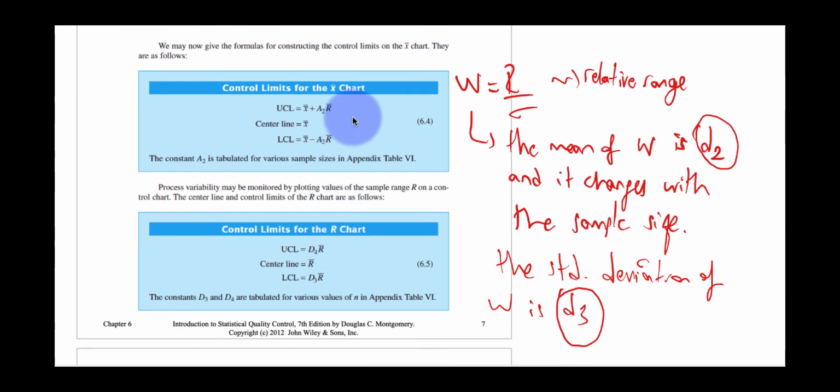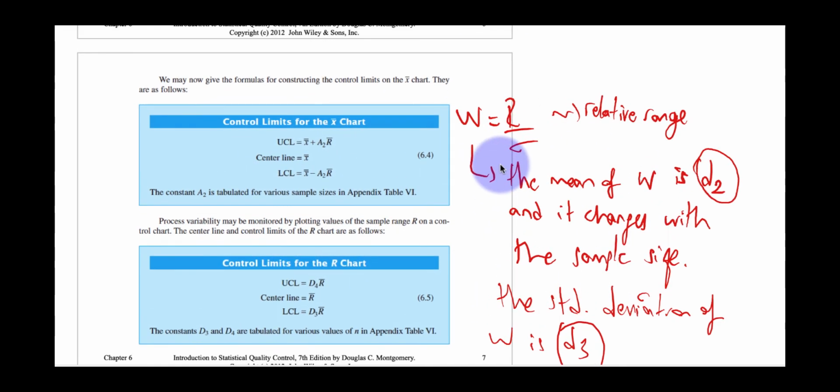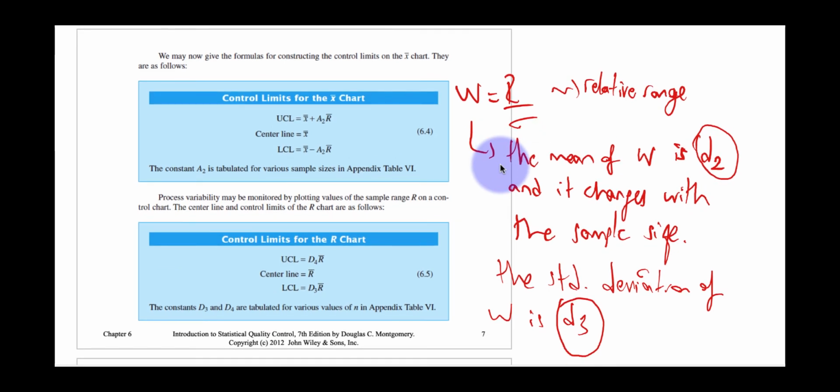In this slide, just right now, for a few minutes, forget this part. Just focus on this word. To estimate the standard deviation, we are going to use a relative range formulation. The relative range is W. Let's call it W. And W, the relative range, is equal to range over standard deviation.